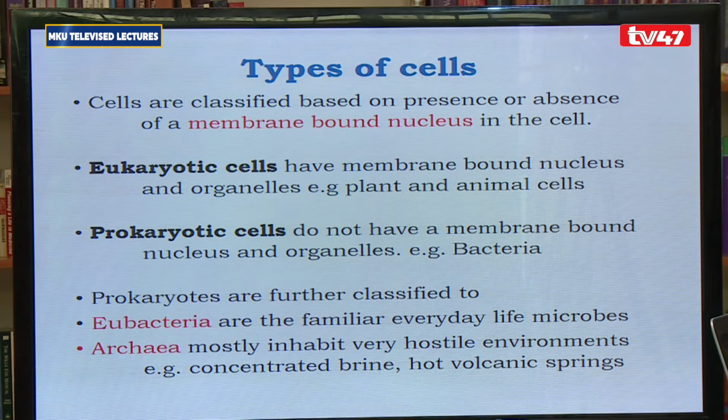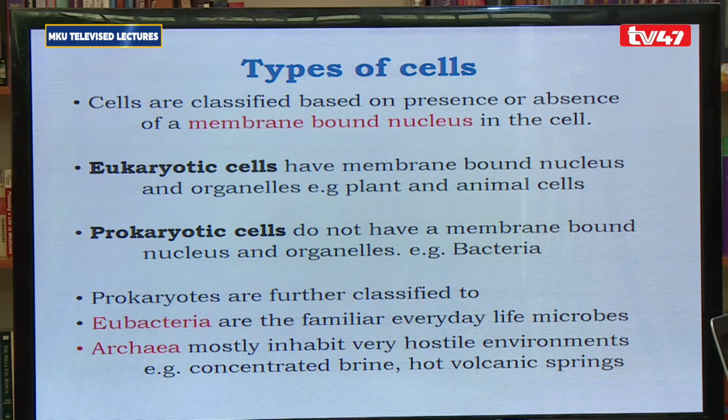These cells also have other organelles which also have a boundary. Examples are plant and animal cells. Then we have a second class of cells which we call the prokaryotic cells. These are cells which do not have a membrane or a boundary around their nucleus. So you can say their DNA is floating at a certain region, but there's no boundary separating it from the cytoplasm. Examples are things like bacteria.